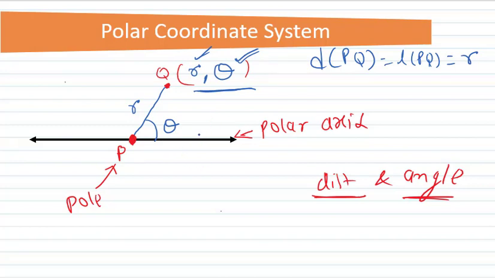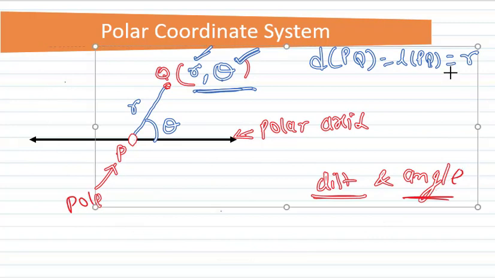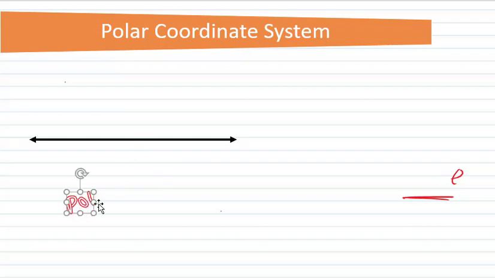So let's combine your Cartesian coordinate system and polar coordinate system. Both, that is, let's take the screenshot of it so that you can have revision and make your notes depending on this, right?